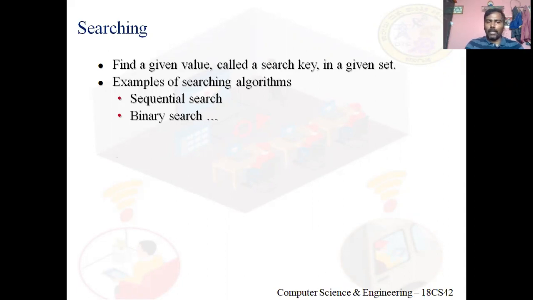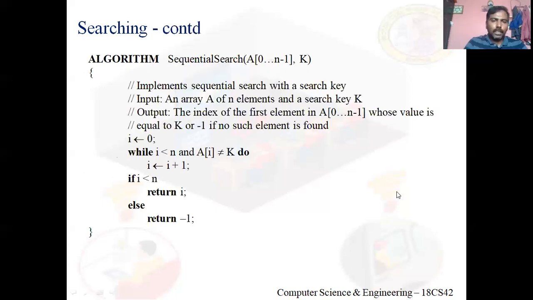Sequential search does not require the input sequence to be in order, but the binary search prerequisite is that the sequence should be in ascending order. Clear? So here is an example of sequential search.